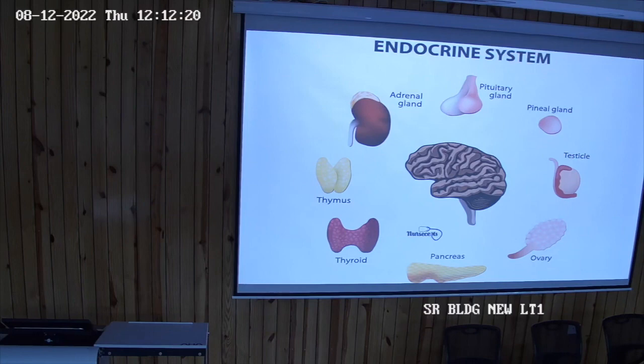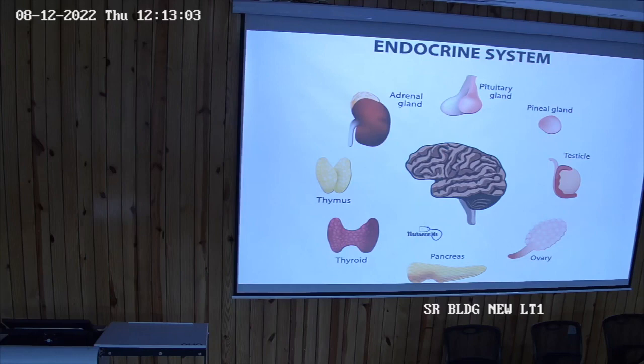The oxytocin hormone controls the activity of the uterus and mammary glands. How does it control the uterus? At the time of delivery, it contracts the uterus, and during feeding of the child, it contracts the mammary gland to release the milk from the breast. That is the action of oxytocin.